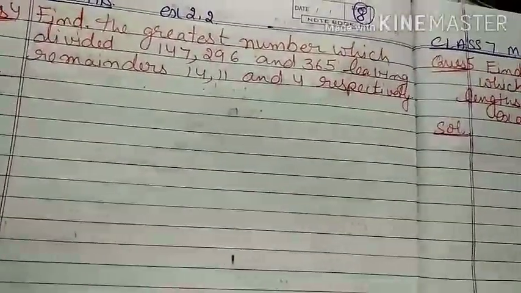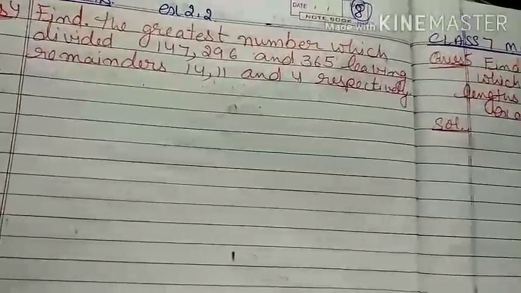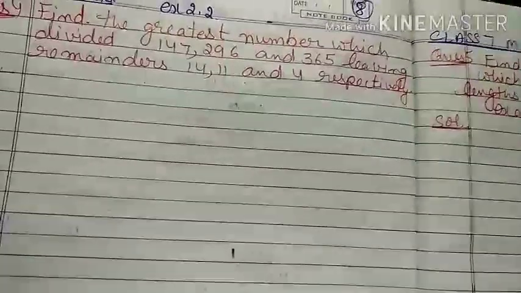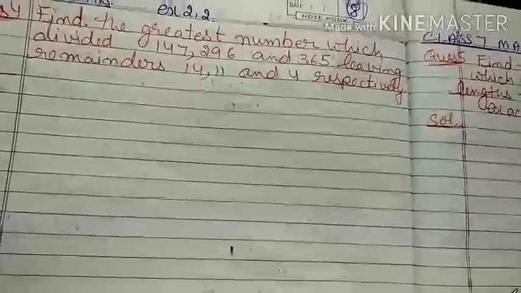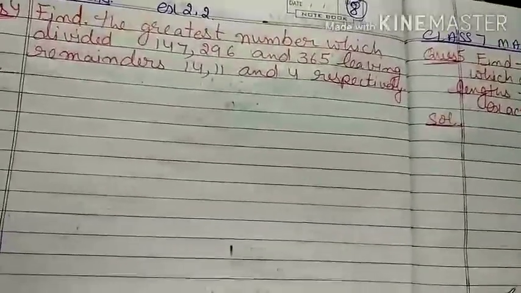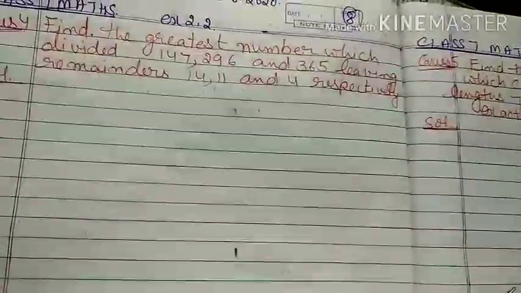If a number divides 147 and leaves the remainder 14, what will be the exact number when you subtract 14 from 147, 11 from 296 and 4 from 365? That will be your exact number.